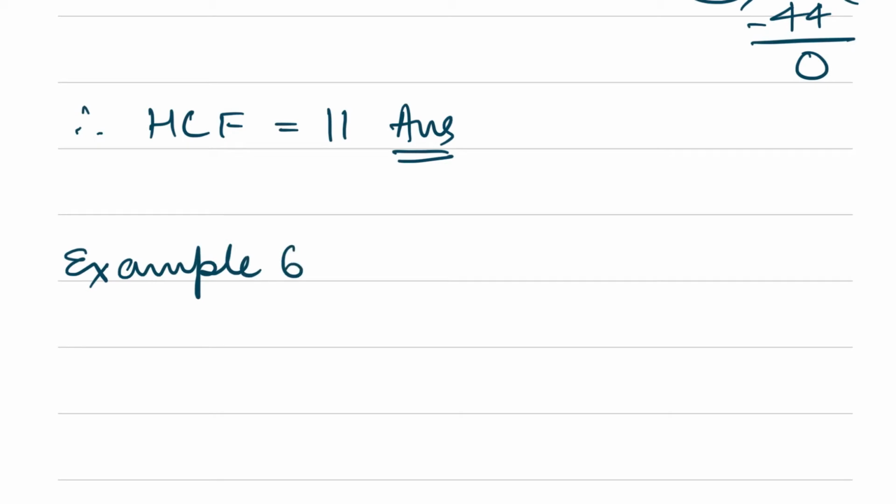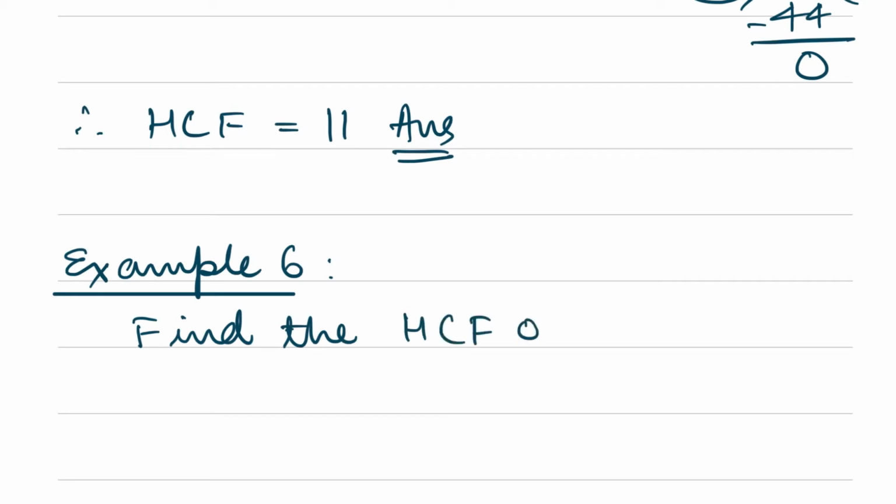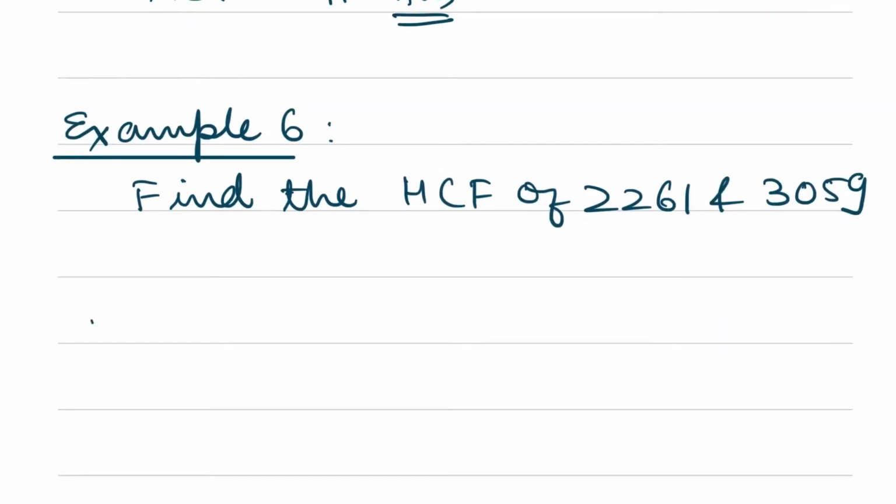Example 6. So find the HCF of 2261 and 3059. Following the same steps, the smaller number becomes the divisor and the larger number is the dividend.